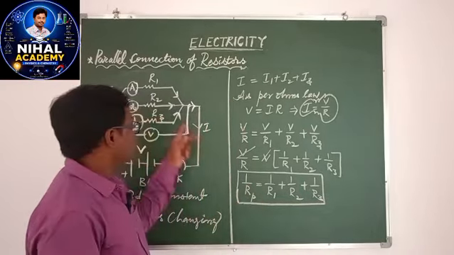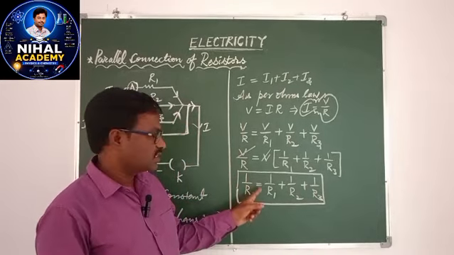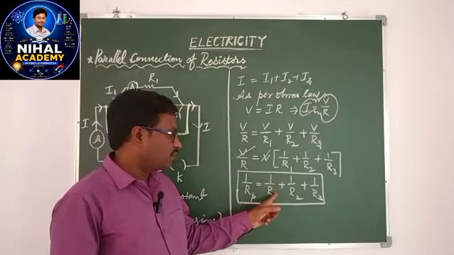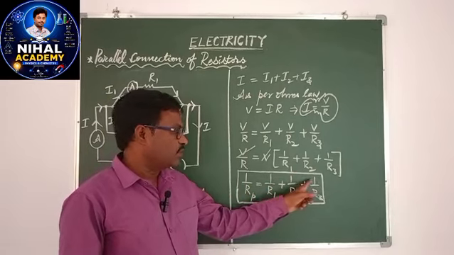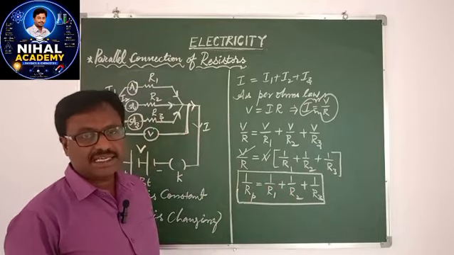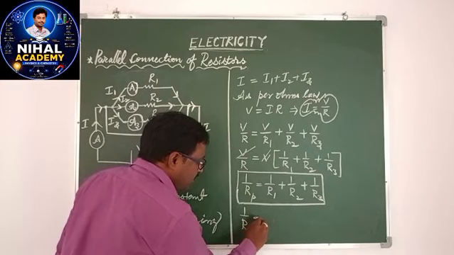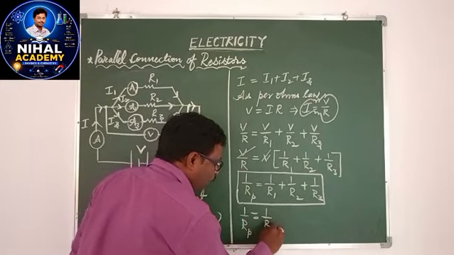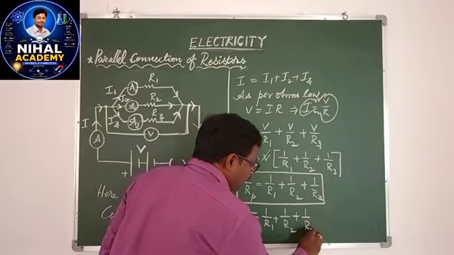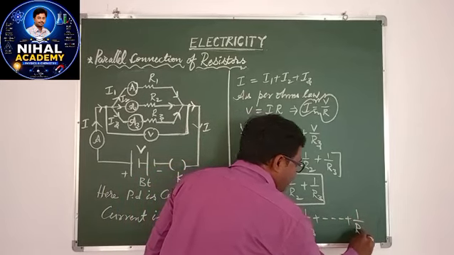So when three resistors are connected in parallel, the resultant resistance, or equivalent resistance, or final resistance, or total resistance: 1 by Rp is equal to 1 by R1 plus 1 by R2 plus 1 by R3. If you generalize this equation to n resistors connected in parallel, then 1 by Rp is equal to 1 by R1 plus 1 by R2 plus 1 by R3 plus so on plus 1 by Rn.